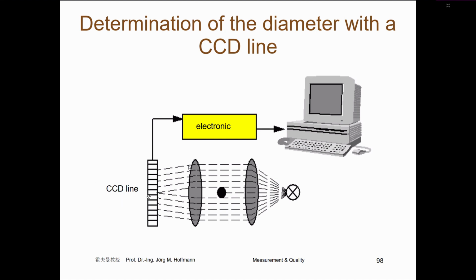The CCD line plays a big role in many measurement systems. For example, when you measure the diameter of a wire, you get a shadow on the CCD line. And with this shadow, you can calculate the diameter and check it.